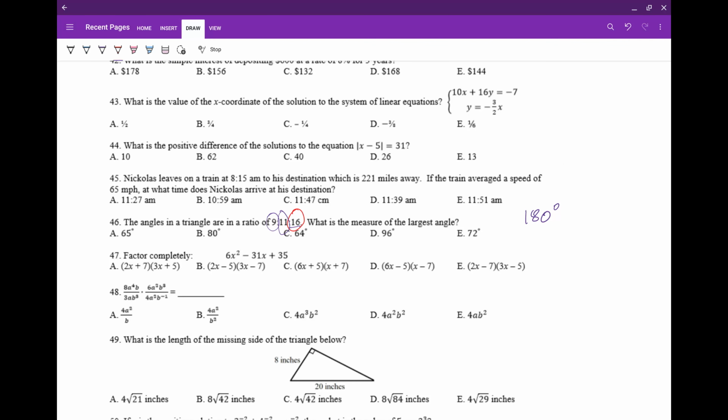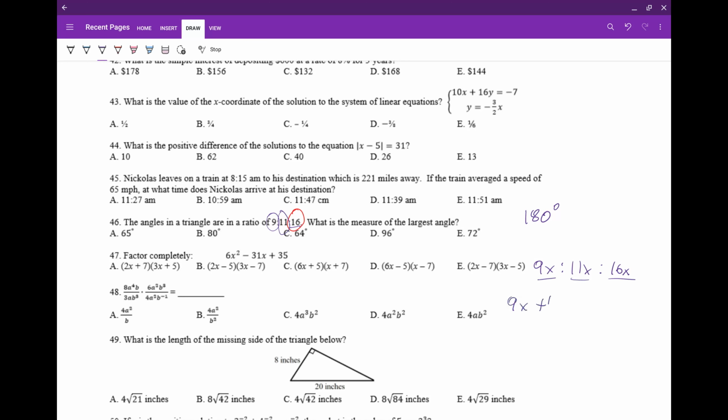So using that same thing, we can make it 9x to 11x to 16x. And by doing this, we're pretty much just restating that if you scale one up, you're going to scale all of them up, right? If you double the ratio, you're going to double 9, 11, and 16. So we know the sum of the angles in a triangle is 180 degrees. So we know the sum of these three is going to be equal to 180. So let's just do that.